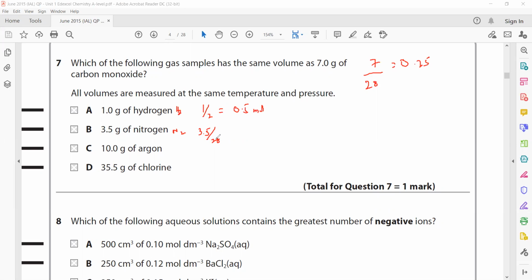So 3.5 divided by 28 is equal to 0.125 moles. And argon is a monoatomic gas, a group 8 element, so mass in grams divided by molar mass will come out to 0.25. So you can see the moles of argon are the same as the moles of carbon monoxide, so they will occupy the same volume at the same temperature and pressure.